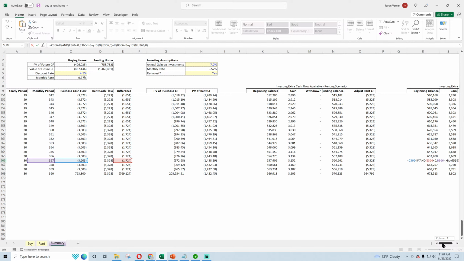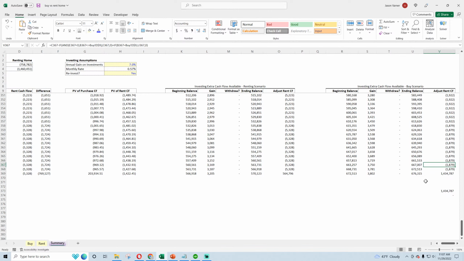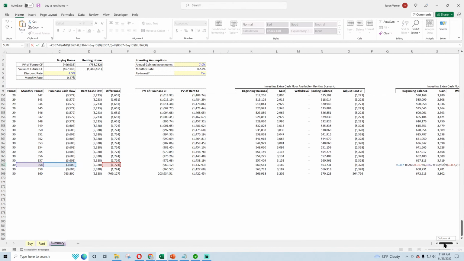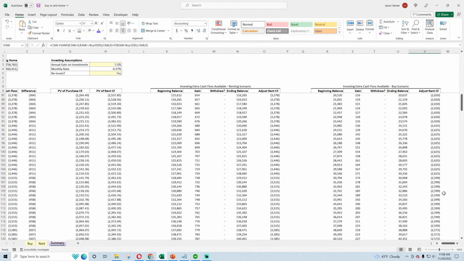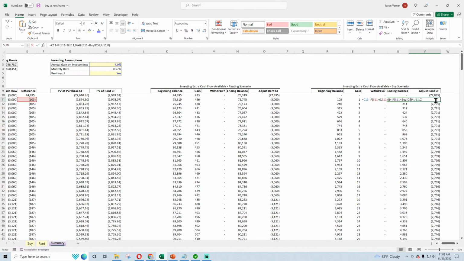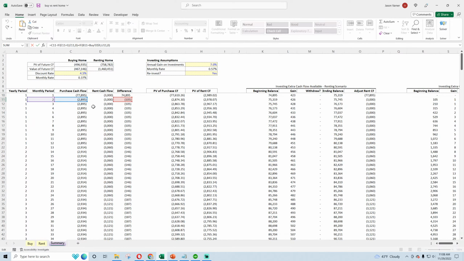Oh my goodness, this is confusing. Hold on. We're saving 1,700. Okay. So we are investing 5,328. So we have to adjust this. And we're subtracting it. It shouldn't be subtracted though, so that's not right. Because this cash flow needs to be this.